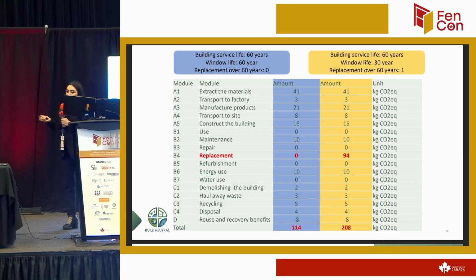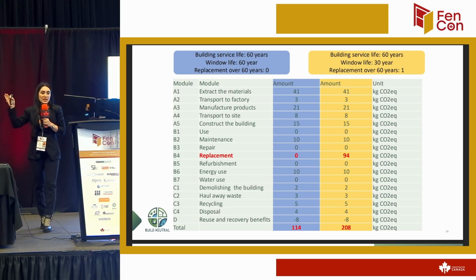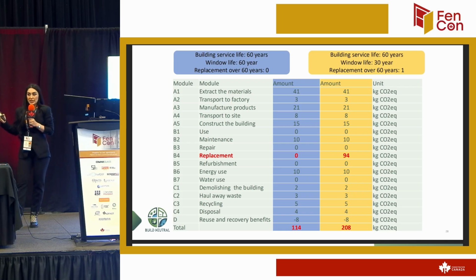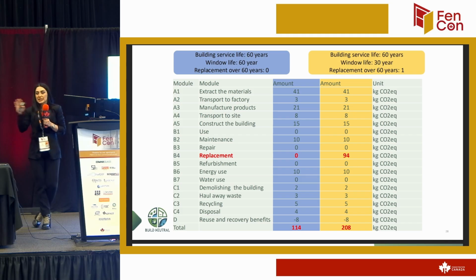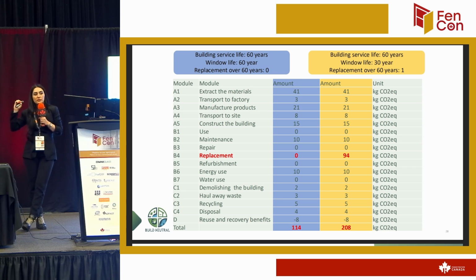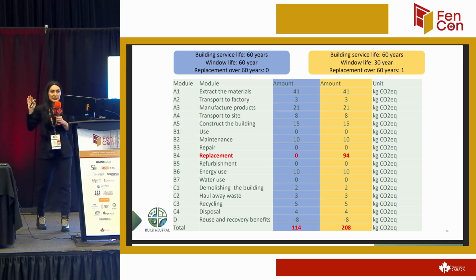So I just made up some numbers in here so you can see the impact of having a PCR that is cradle to grave, so you can include the use phase, including replacement. I assume that everything is the same, like extracting the material, transportation, you name it, except the lifetime of your window. For a building that lasts 60 years, the blue window, I don't need to replace it.